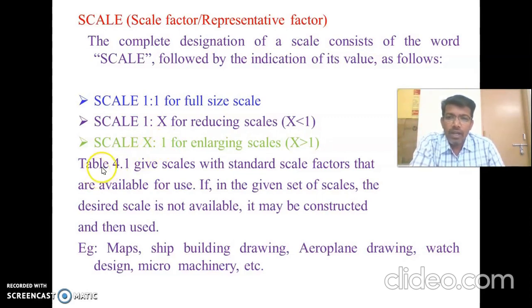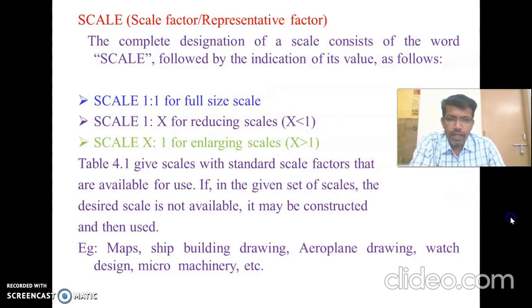On the next slide, the table gives the standard scale factors that are available in use. For example, maps, shipbuilding drawings, aeroplane drawings, watches, design, and machinery parts are some of the examples for the reducing scales as well as the enlarging scales. Full size scale is not necessary when the length of an object fits the available paper.